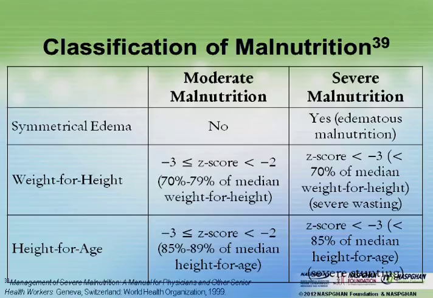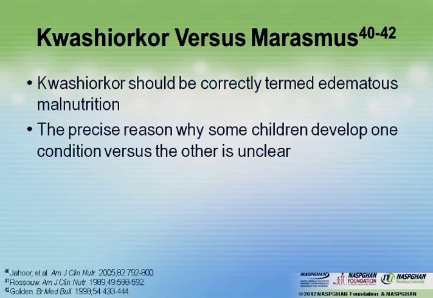And if your z-score is between -2 and -3, then you have moderate malnutrition. And if it is less than -3, then it is considered as severe malnutrition. Like I said before, don't use the term Kwashiorkor. It should correctly be termed edematous malnutrition.